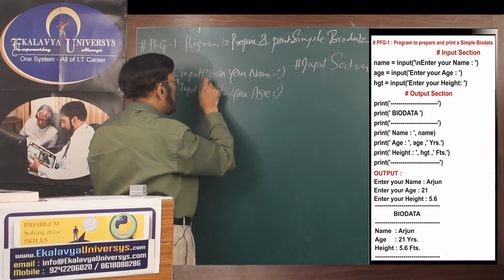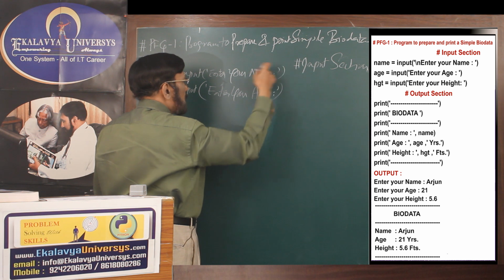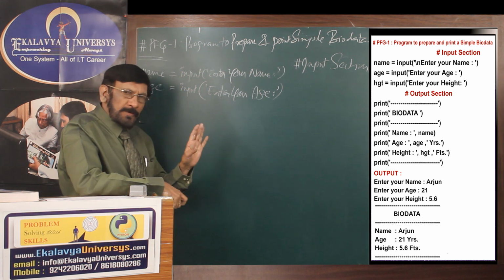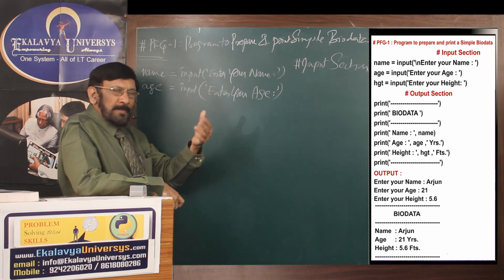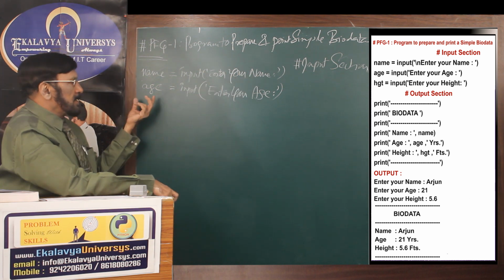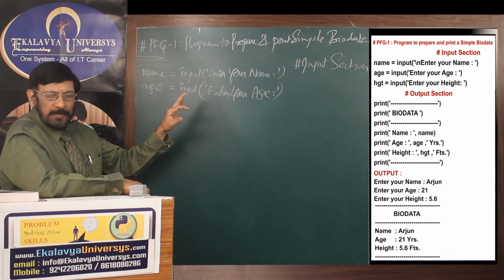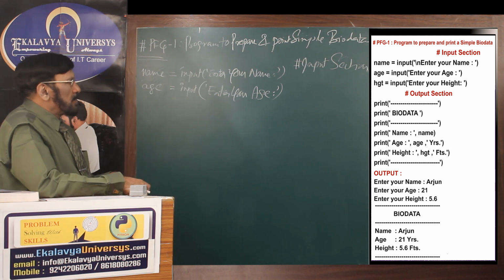It is a string. Don't forget this. Every string is enclosed by a pair of single quotes or double quotes. Double quotes are also allowed, but Python encourages single quotes. Then the age variable, a named memory container, is created. Suppose you enter 21, 21 is stored in that.